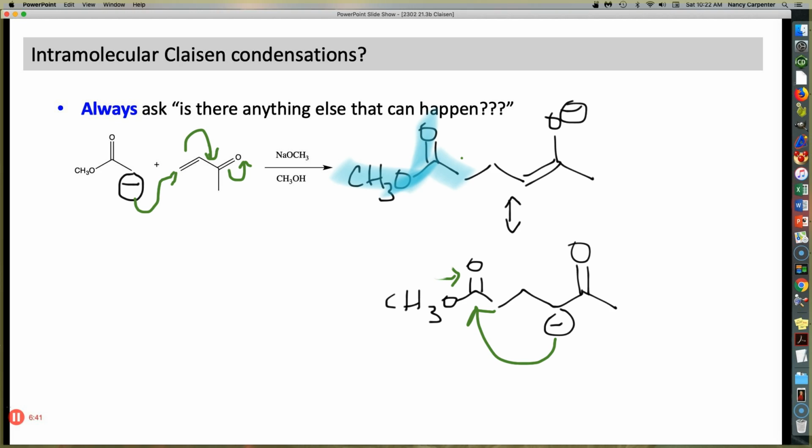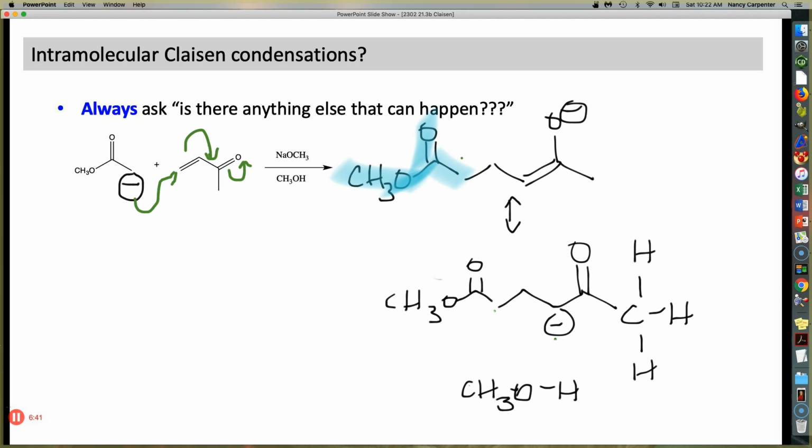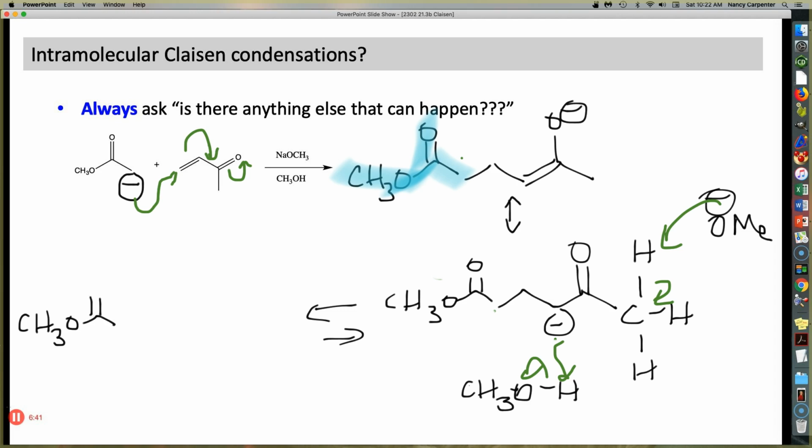However, as we have seen, enolates can equilibrate. So my methanol can protonate the one enolate, and my methoxide can deprotonate on the other side, so that I now have a very favorable intramolecular reaction.